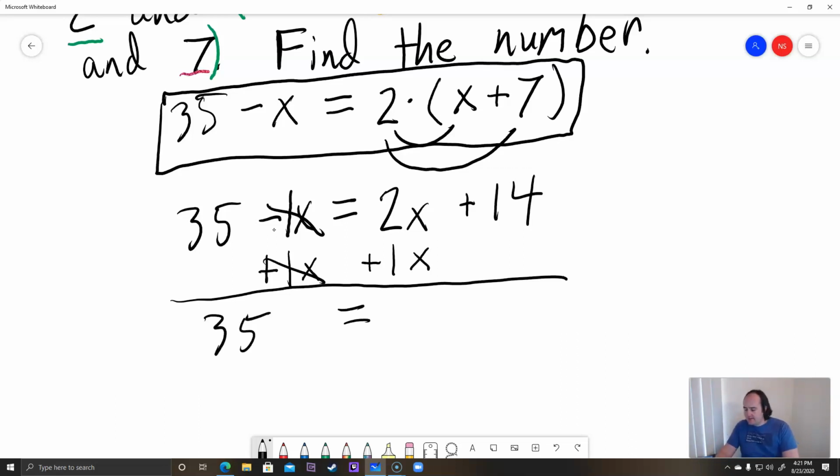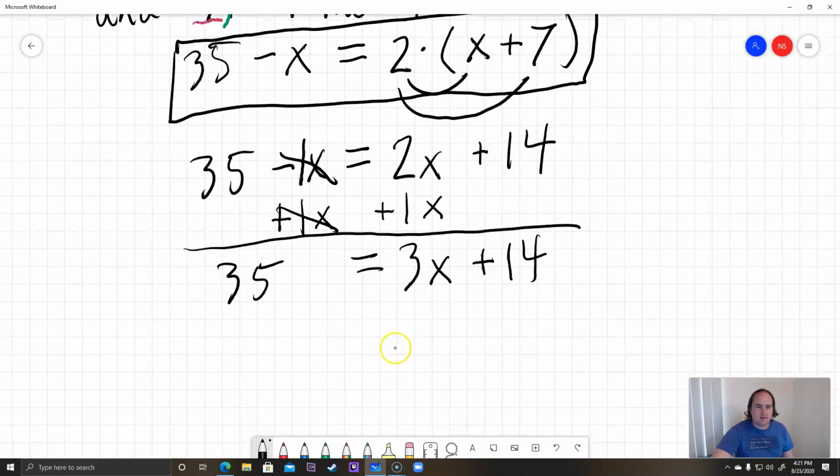On the right side, 2 plus 1 is 3x. So we have 35 equals 3x plus 14. Okay, and now we've got all the x's on one side. So we have x on the right side, but we got rid of the one on the left side. So now our goal is to isolate x on the right side.